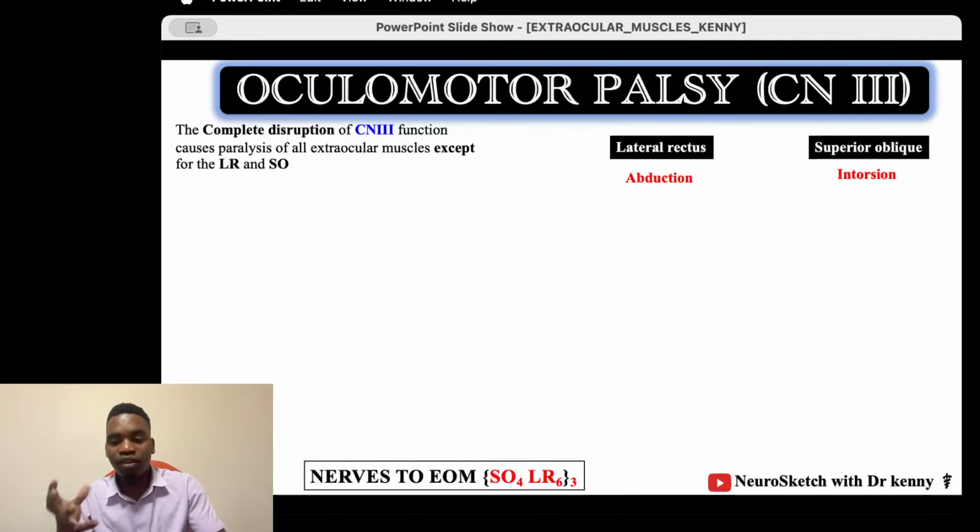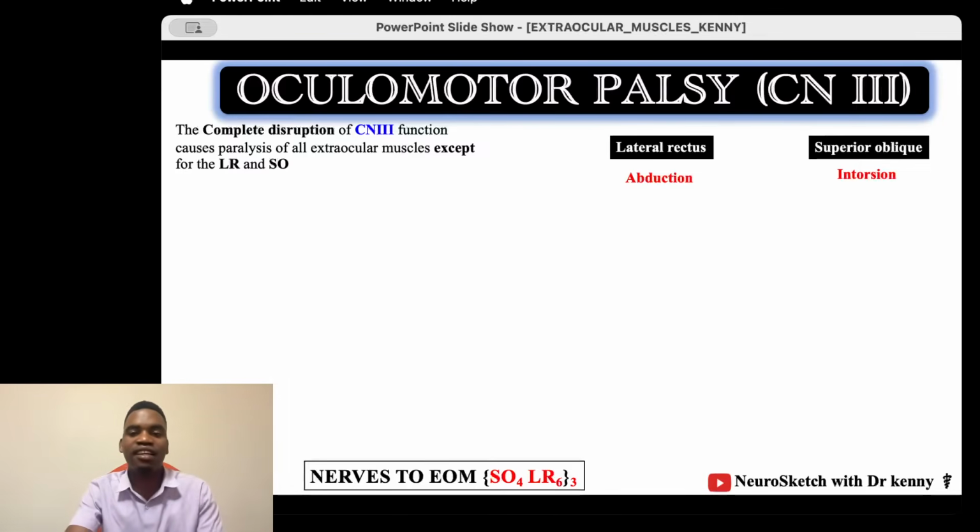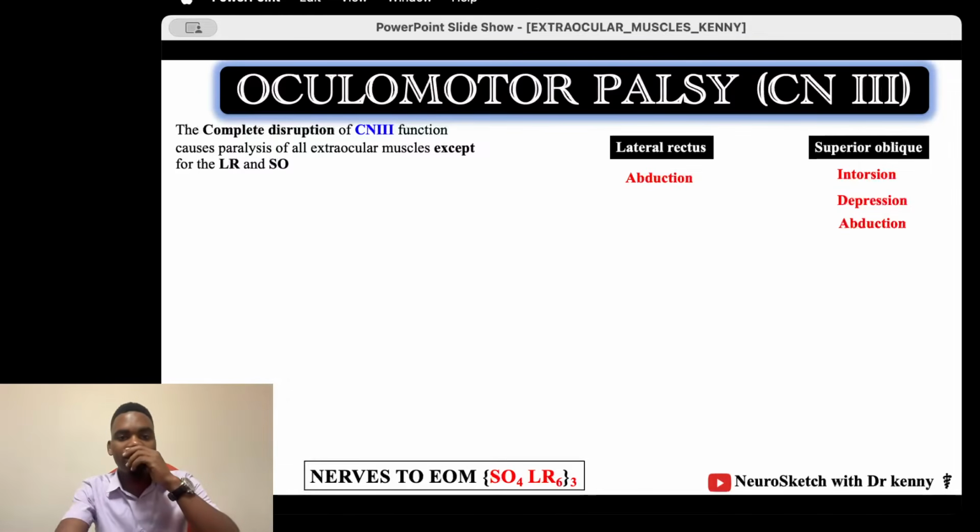The superior oblique does intorsion, number one, intorsion, depression, and abduction. This is easy. So intorsion, depression, and abduction. So we see that both these two muscles result in abduction. So the abduction, guys.